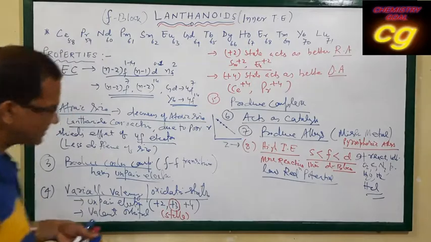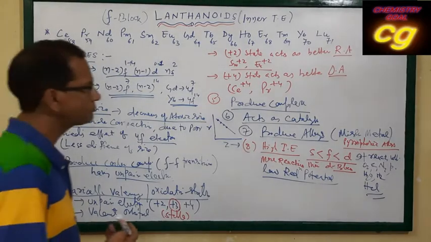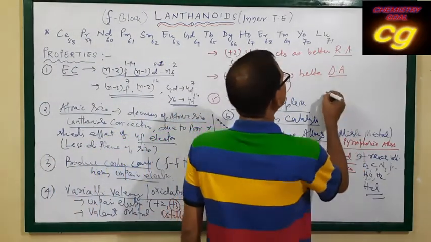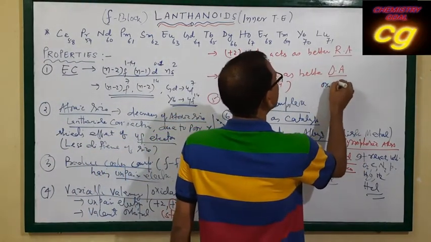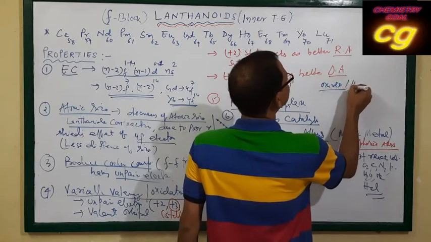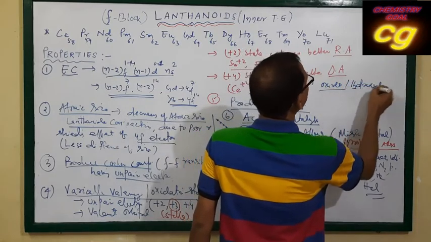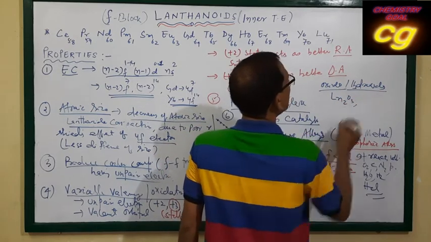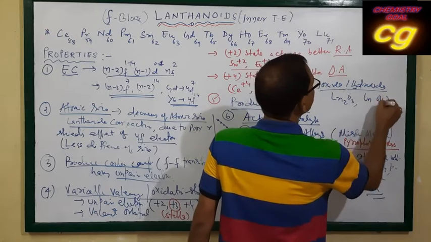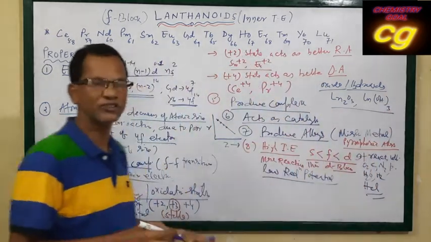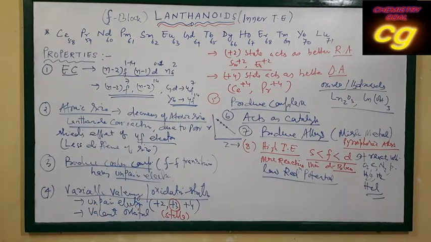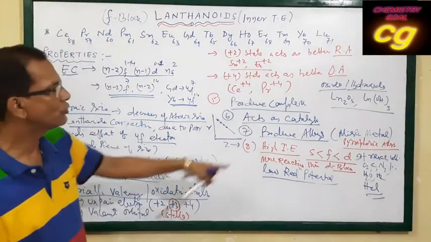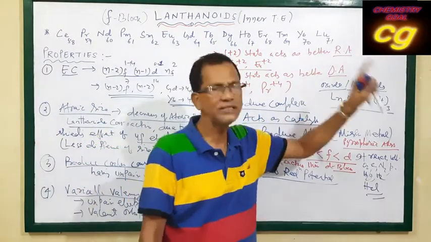But generally, these lanthanoids produce oxides and hydroxides. The oxide and hydroxide formulas are Ln2O3 and Ln(OH)3. This type of oxides and hydroxides are produced by the lanthanoids because the +3 state is more stable.